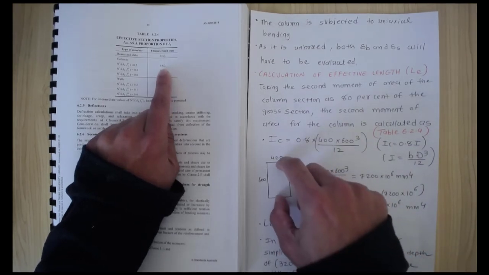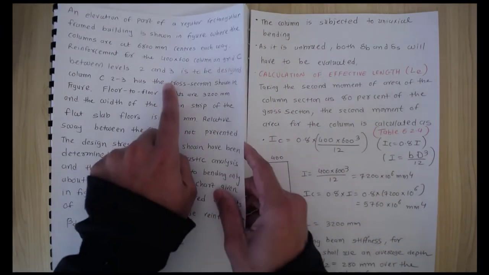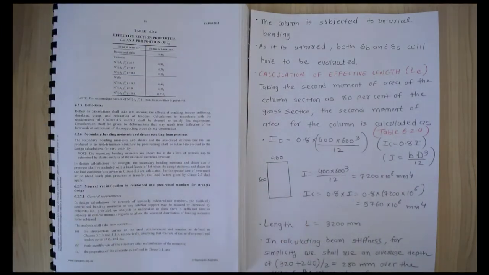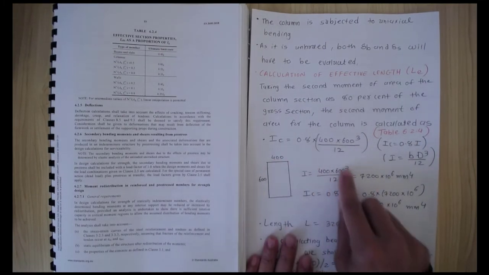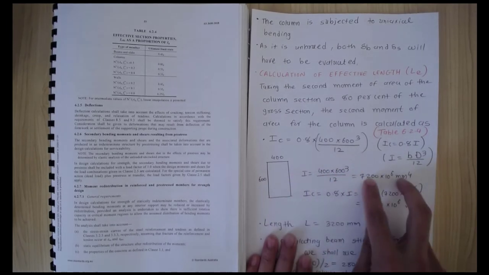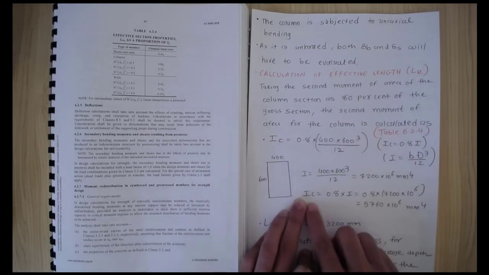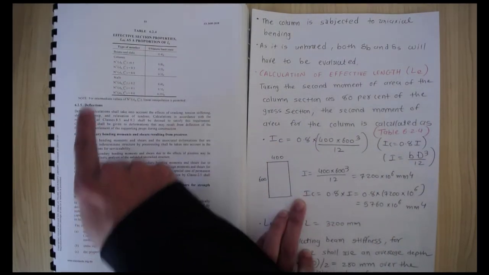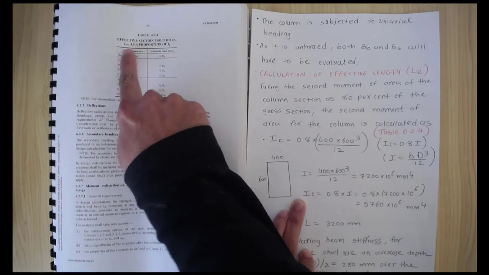If I draw the column cross section, 400 by 600, as given in the question, then b d cubed over 12 is the gross moment of inertia. So that is 400 times 600 cubed over 12, and we get this answer. Now we need to calculate the moment of inertia Ic using table 6.2.4. It gives the effective section moment of inertia, I effective.